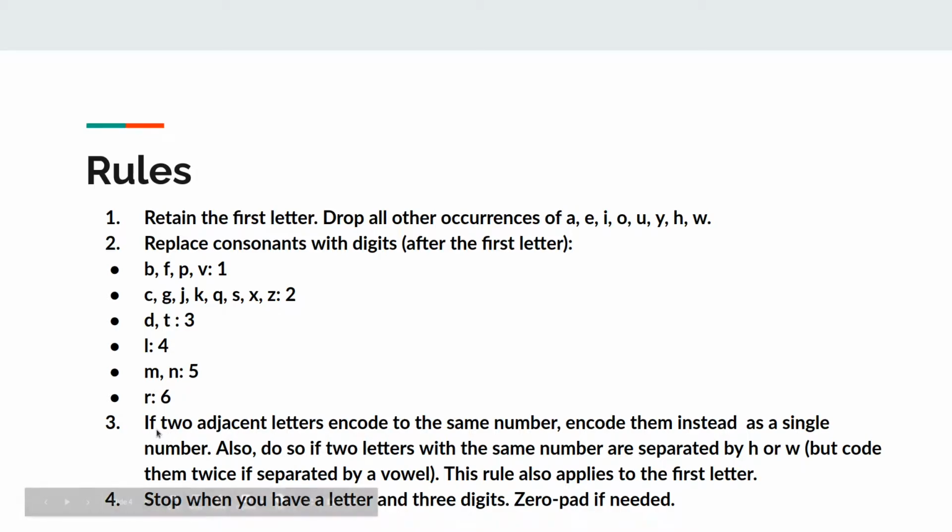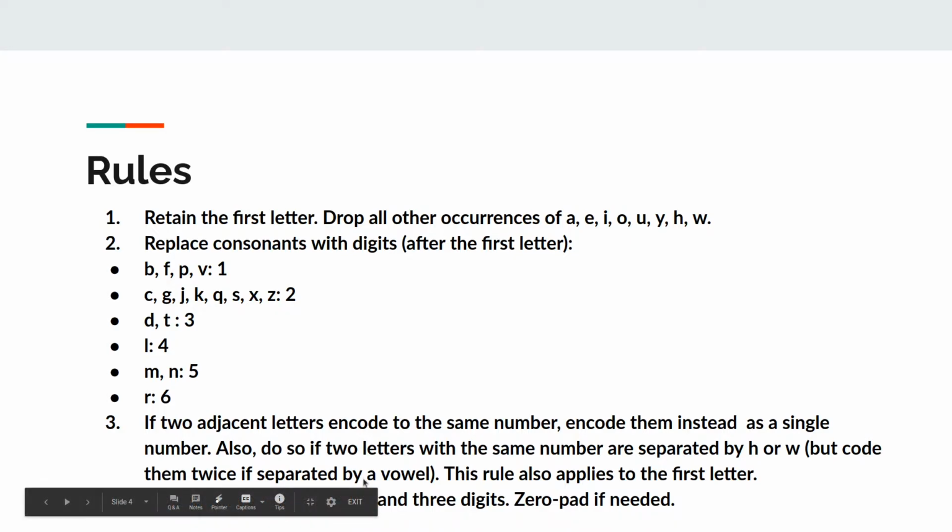Okay, the next rule. If two adjacent letters encode to the same number, the algorithm should encode them as a single number. And it should do the same if two letters with the same number are separated by H or W. But the algorithm should encode them twice if they are separated by a vowel.